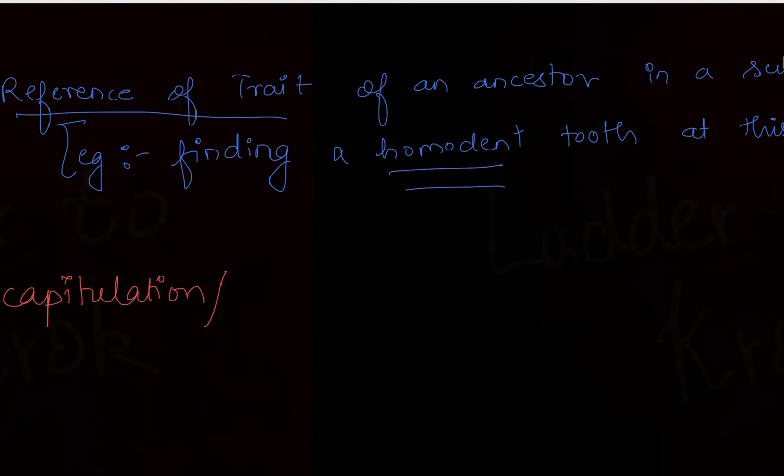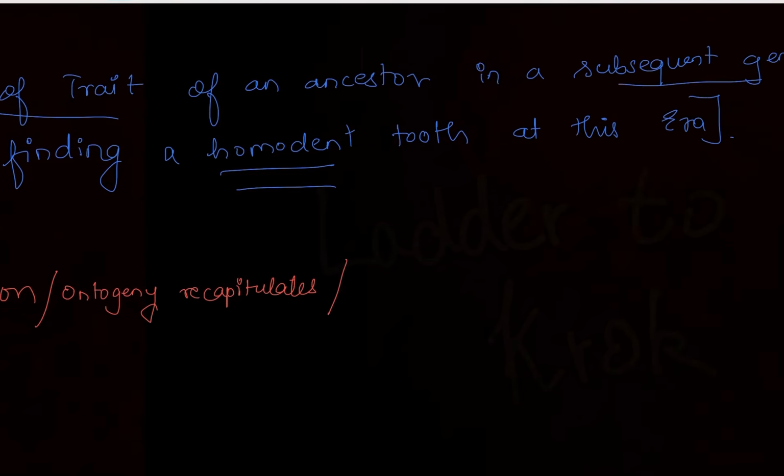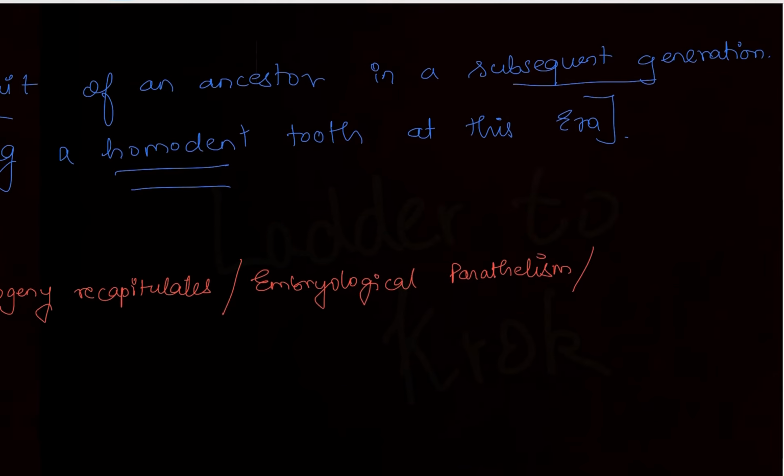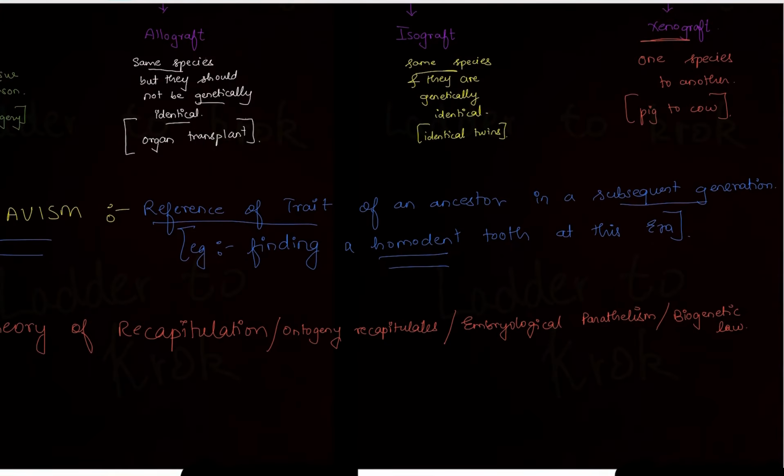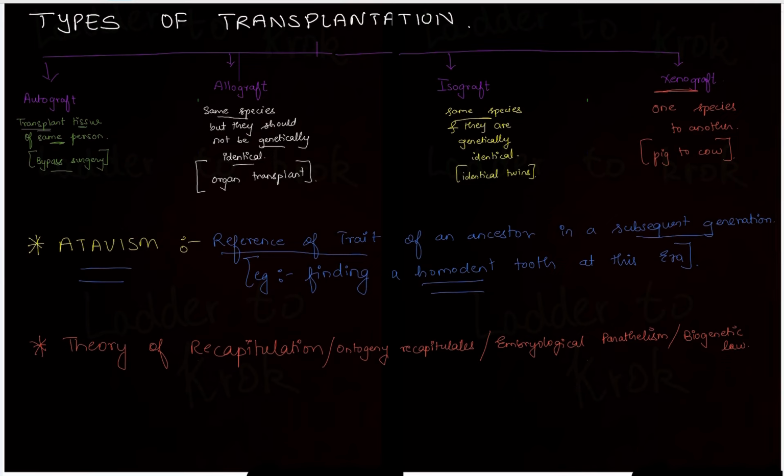Okay, now similar to atavism, we have one more thing called, write down another topic, theory of recapitulation. It is also called as ontogeny. It has many names. Ontogeny recapitulates. Another name is embryological parallelism, and the last name is biogenetic law. Okay, now what does this mean?